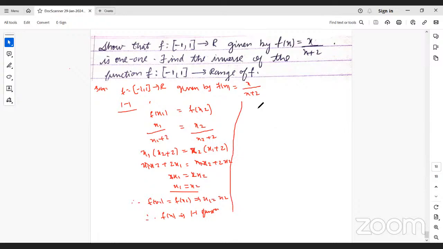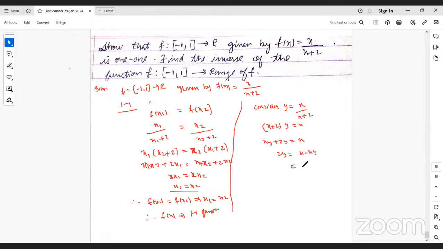Just we need to write down the given function. So see, consider y is equal to x upon x plus 2. Or see, x plus 2 into y will be equal to x, or xy plus 2y is equal to x, or 2y will be equal to x minus xy.